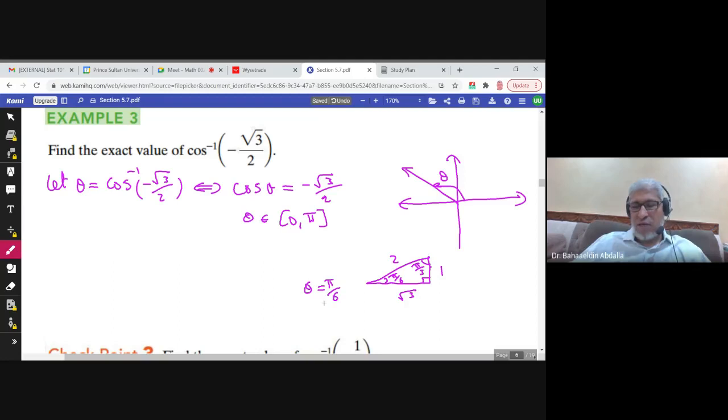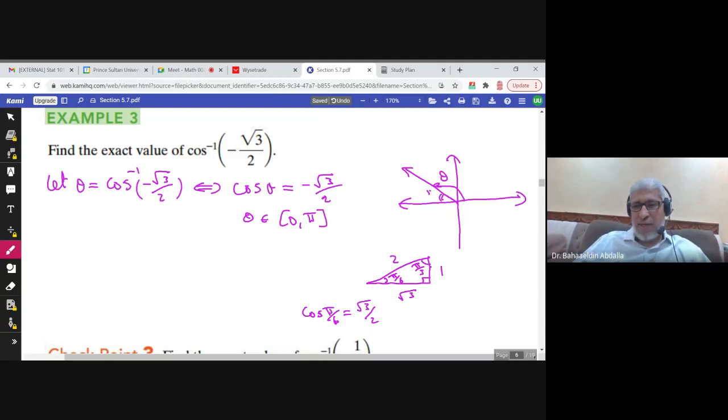So we know that cosine pi over 6 is square root of 3 over 2. Okay, we know that. But what about theta? Theta must be in the second quadrant. So the reference angle of theta is pi over 6.